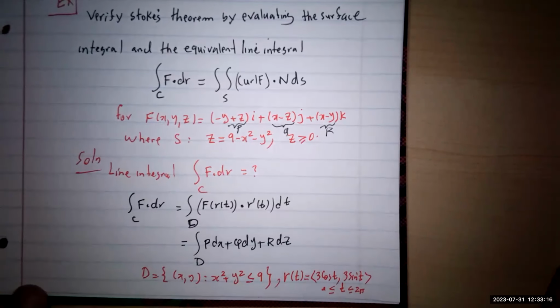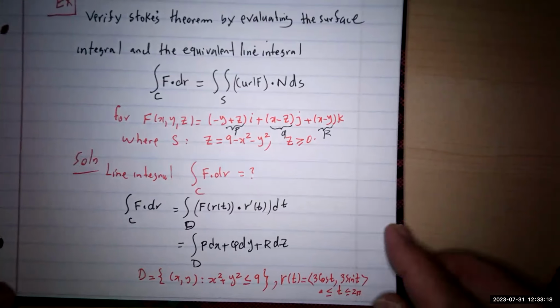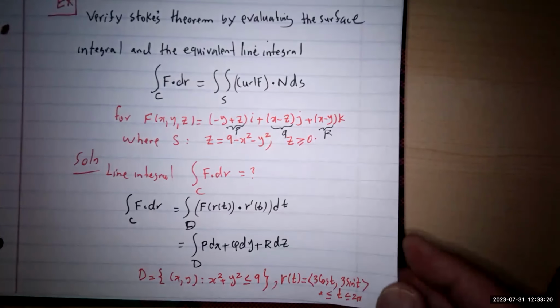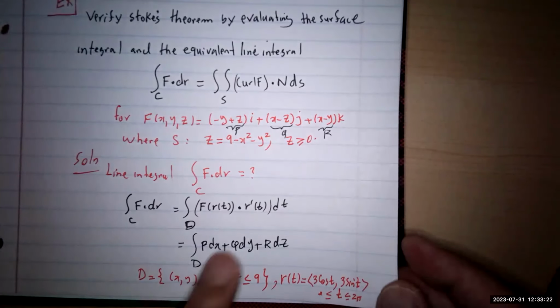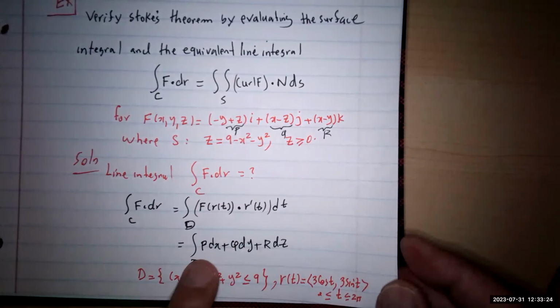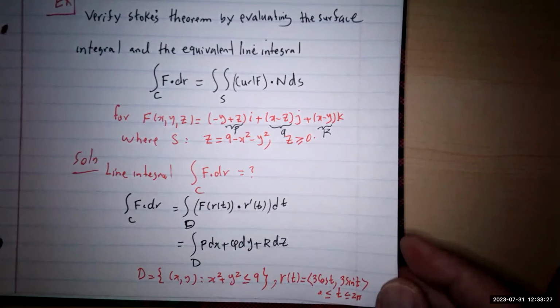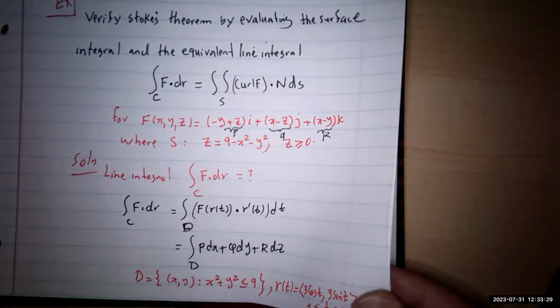I'm going to evaluate this integral with this information. You can use either this one or just this part, putting them together. Going to the next page, I have the P, Q, R, I substitute directly, and I get the result right away.